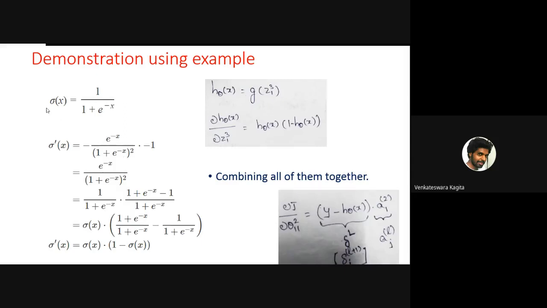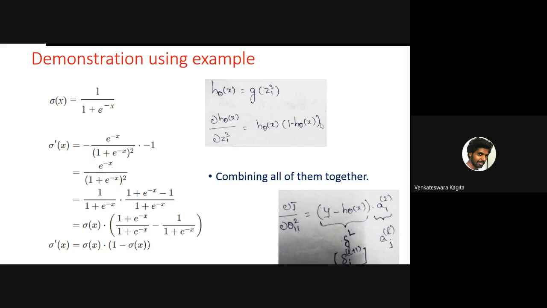So derivative of a sigmoid function, sigmoid of x with respect to x, is equivalent to sigmoid of x times 1 minus sigmoid of x. So this is the complete derivation for that. So similarly, what we are trying to do here, derivative of h theta of x with respect to z13. So you can just substitute this equation and get h theta of x times 1 minus h theta of x.